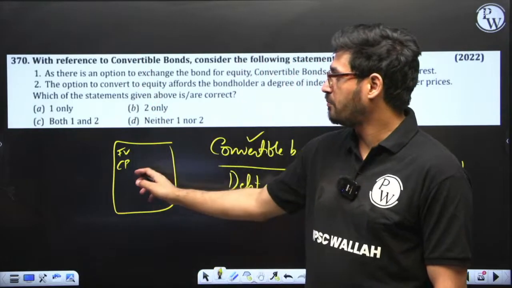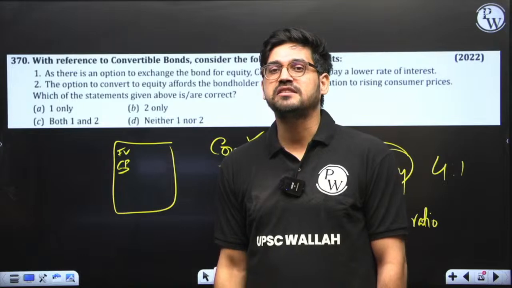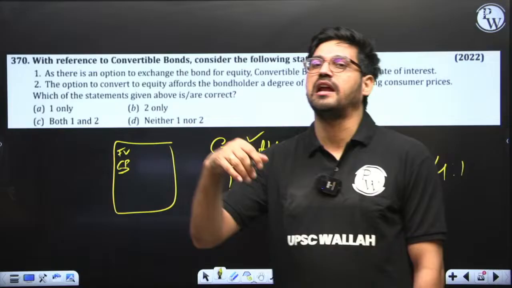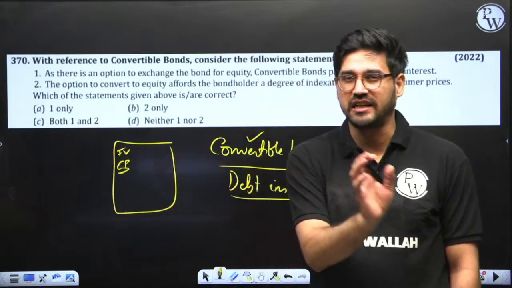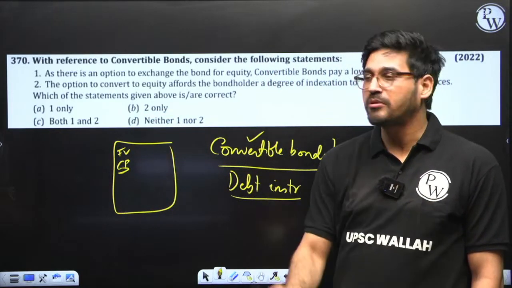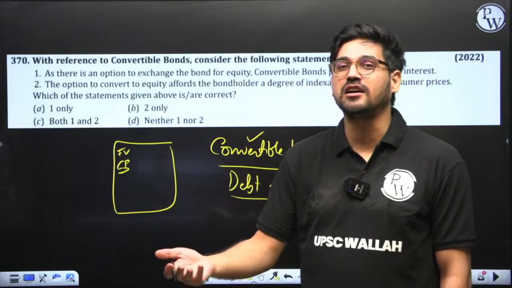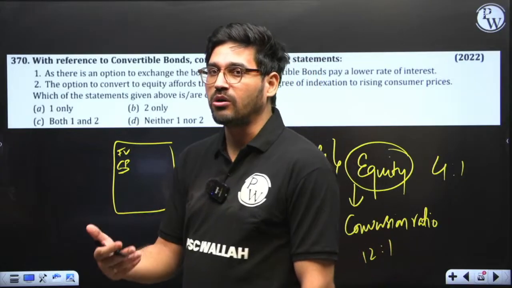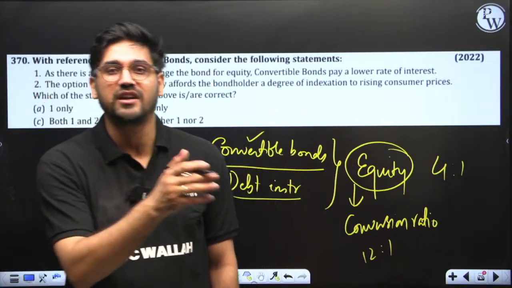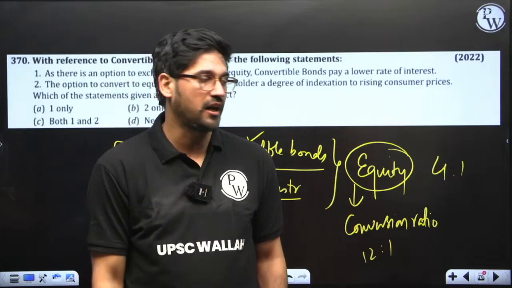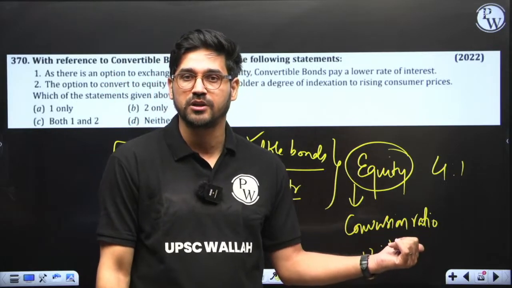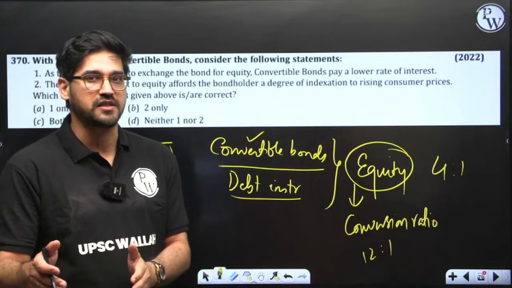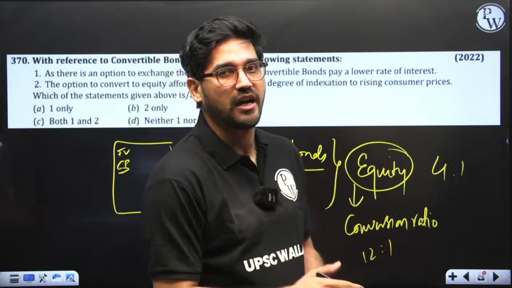However, when your coupon payment is fixed, that means if the rate of inflation is around the coupon payment or is slightly more than the coupon payment or is very slightly less than the coupon payment, nominally you will get the coupon payment, but in real terms, you will have gotten lesser money. So many bondholders exercise this right to convert the bond into equity at a future date according to the pre-described conversion ratio. Since equity prices are normally linked to inflation, if inflation is high in the economy, you will also find that stock prices are rising.